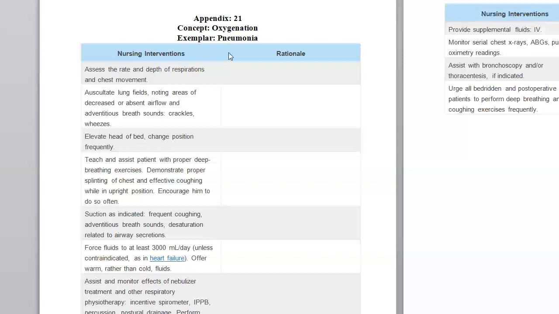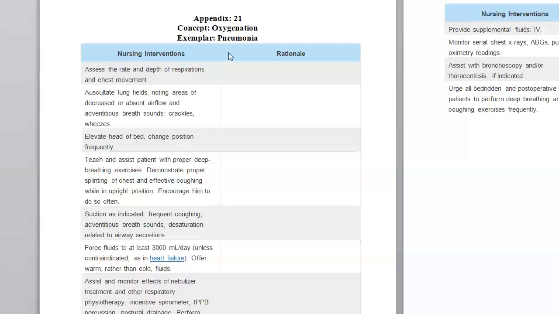Assess the rate and depth of respirations and chest movement. We watch for signs of tachypnea. Shallow respirations and asymmetric chest movements are frequently present because of the discomfort of moving the chest wall and or fluid in the lung.